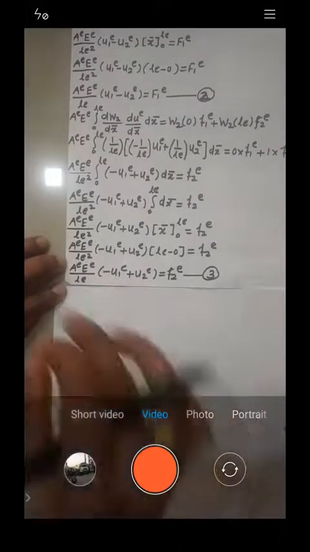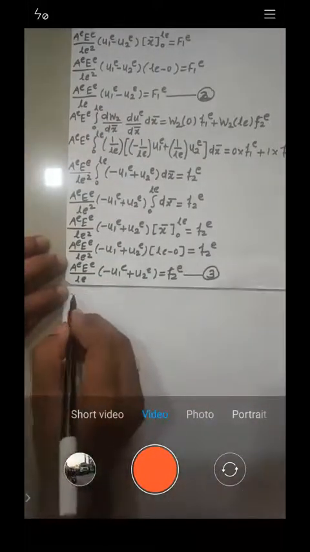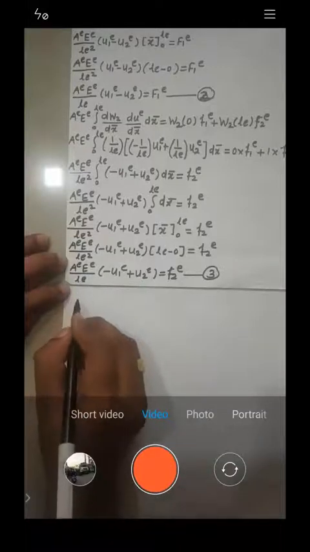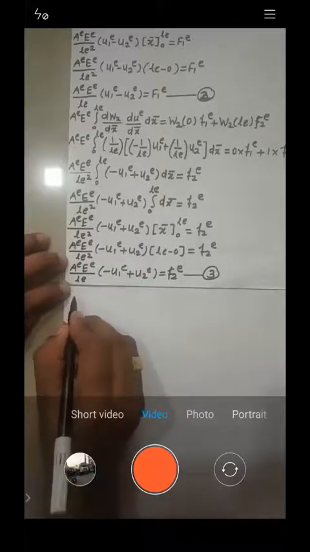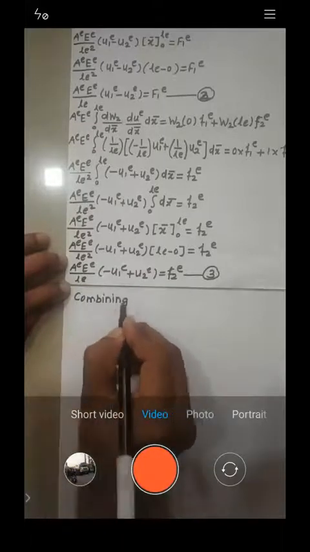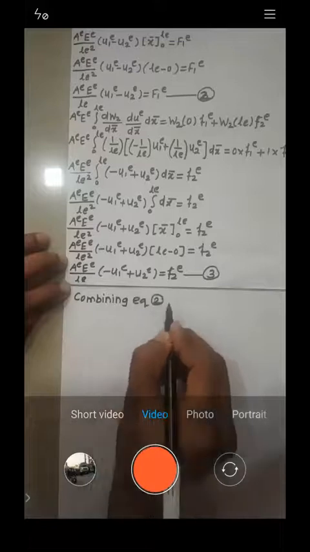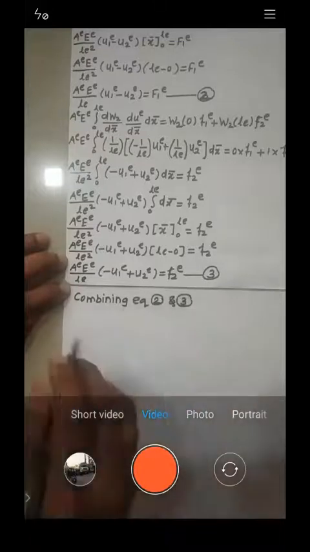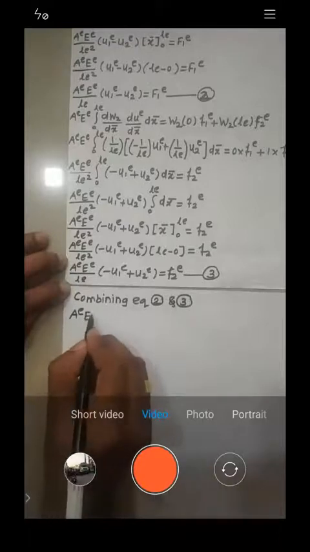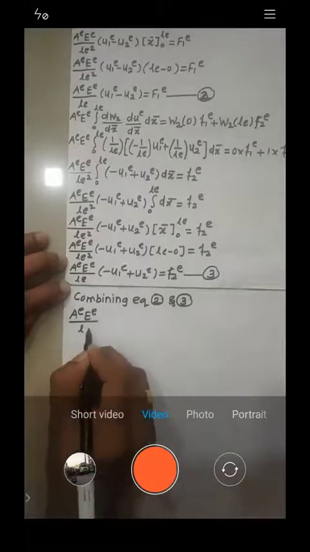See, can I club equation number 2 like this? So I will write down, combining equation number 2 and 3, AE, EE by LE. Is it okay?